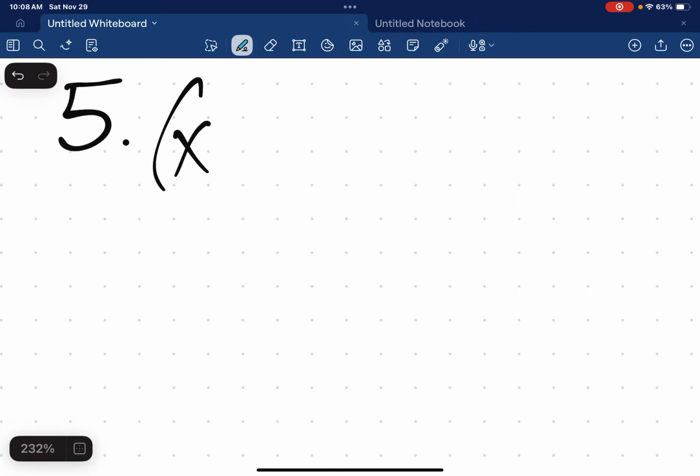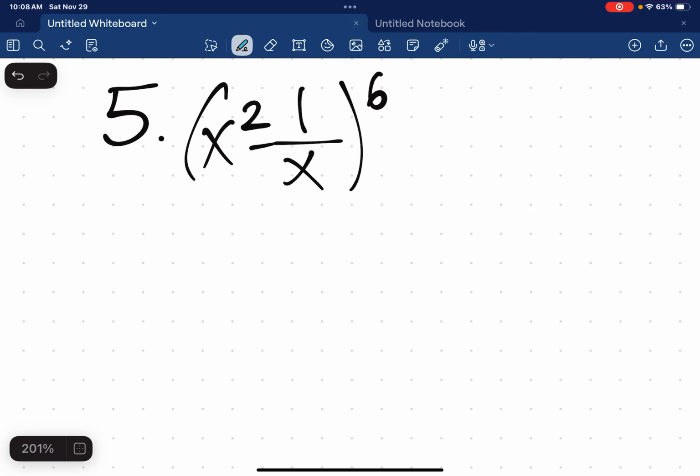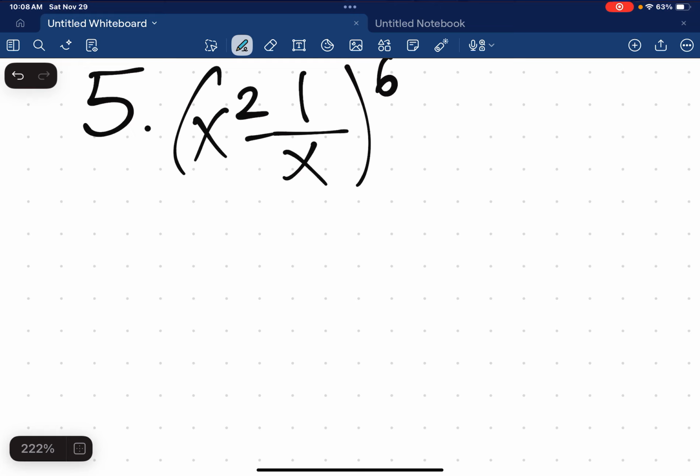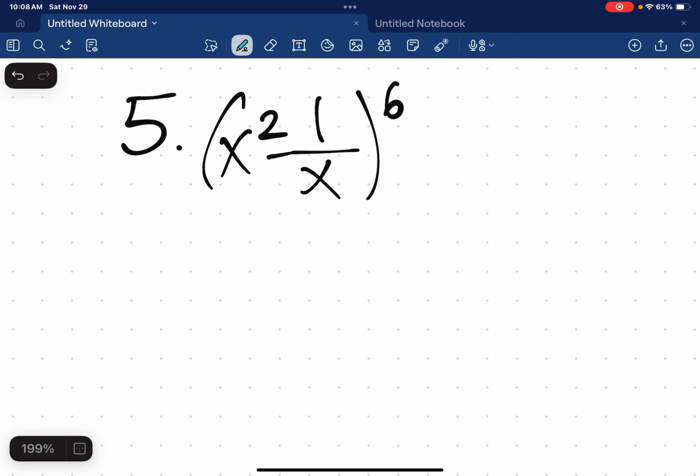So now, when you look for x squared minus 1 divided by x, is that 6? Yep, okay. We want to find x squared, so that means that our x exponents are going to have to multiply to equal 6.